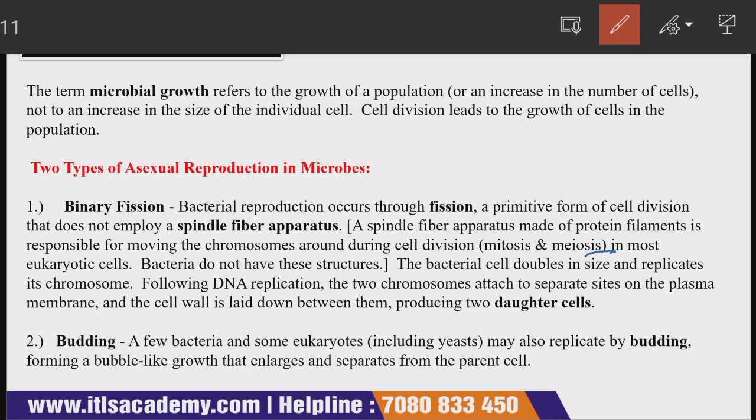So what is a spindle fiber? A spindle fiber apparatus is made up of protein filaments that are responsible for moving the chromosomes around during cell division, that is mitosis and meiosis. But this is mostly the case with eukaryotic cells. Bacteria do not have this type of structure.